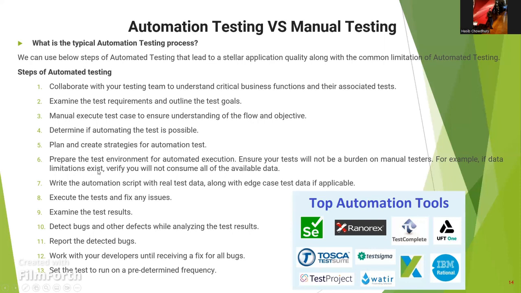Yeah, steps. Basically we have to understand, with the manual testing, is there any scope to integrate automation testing? If there is, build a strategy for that and prepare the environment.